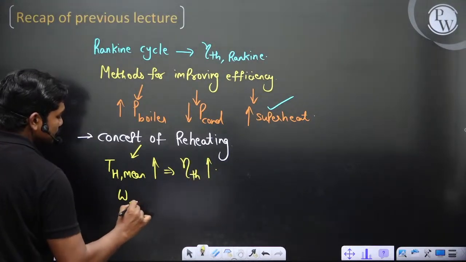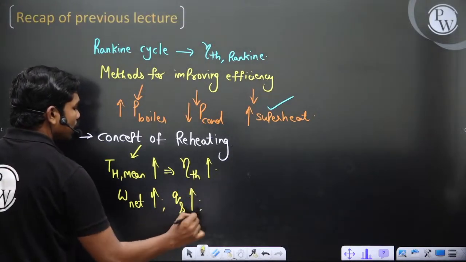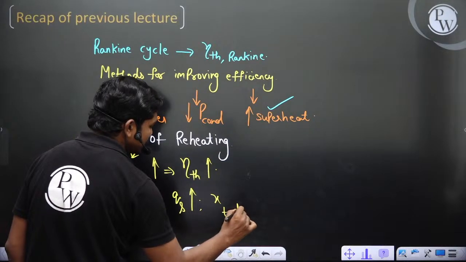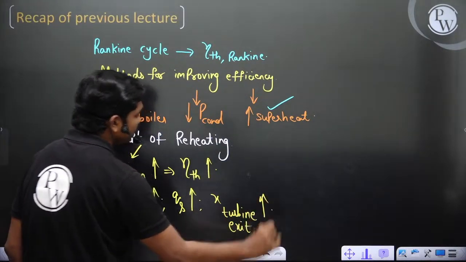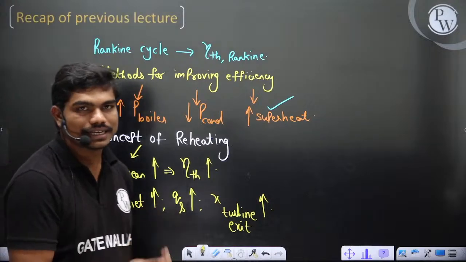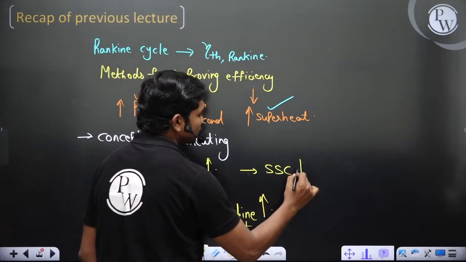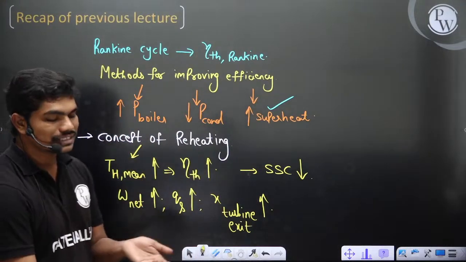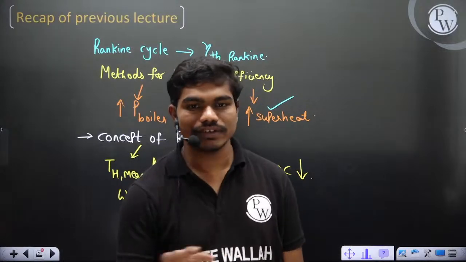W net is increasing, QS is also increasing, and the dryness fraction at turbine exit is also increasing. The load on the condenser increases, while the specific steam consumption decreases in case of reheating. In the last class we saw how all these parameters increase or decrease.